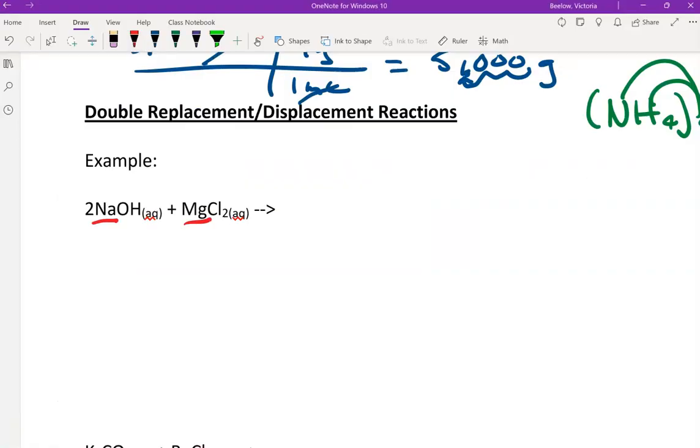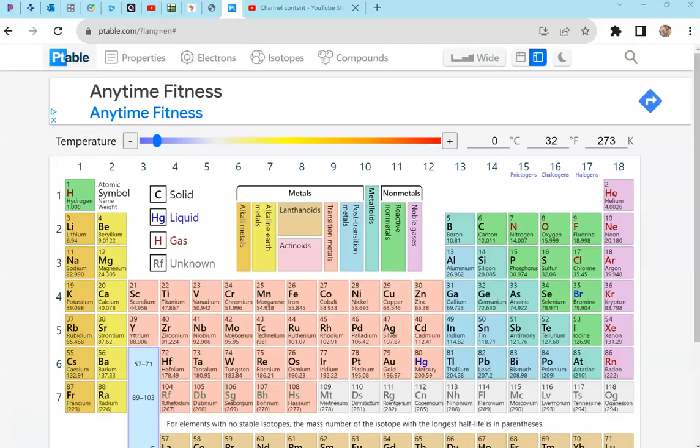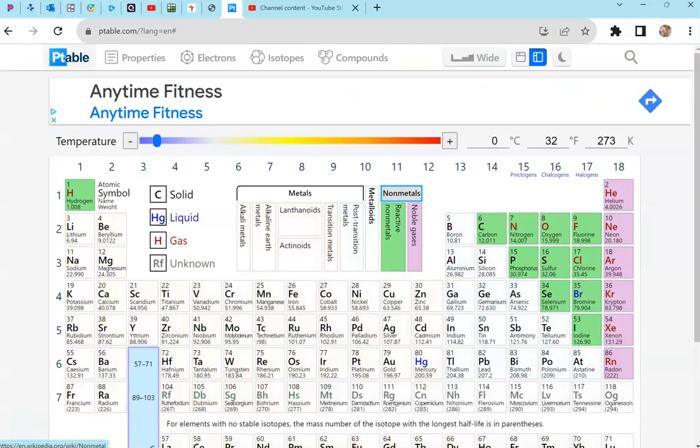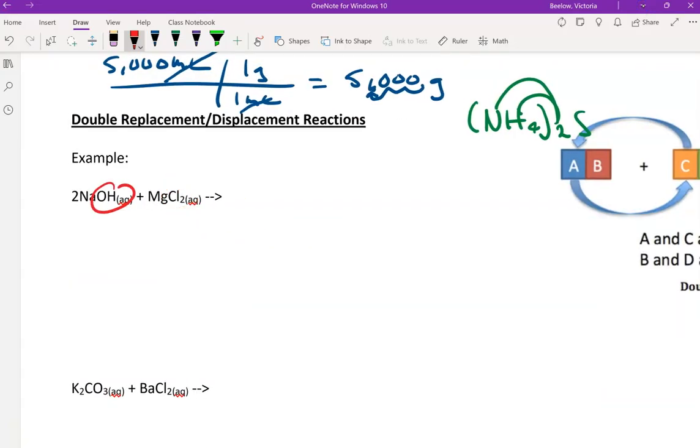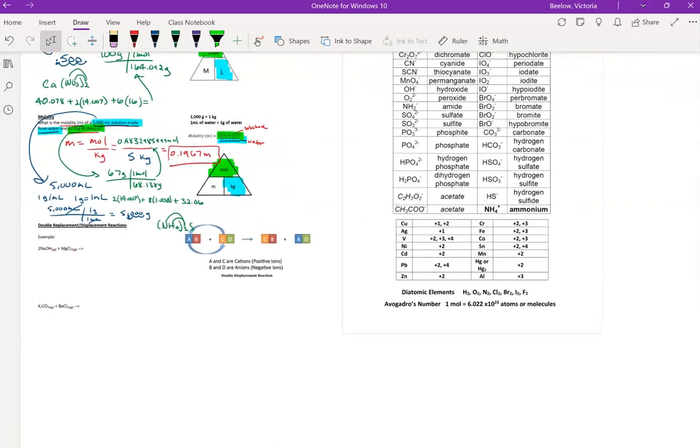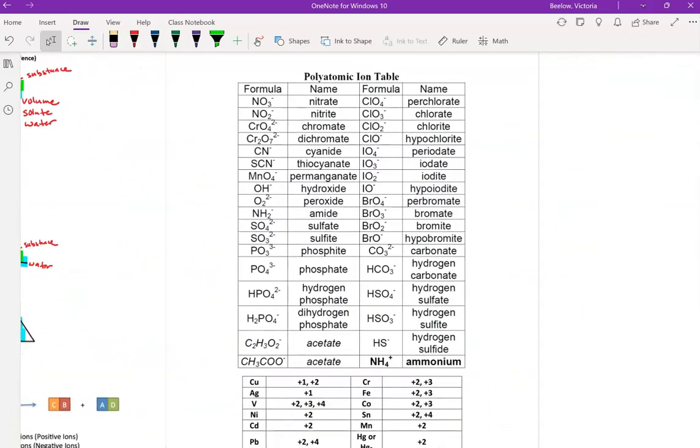The second element is going to be some type of a non-metal. So something on the right-hand side of the periodic table, or it could be a non-metal that is found on the back of your periodic table, which is one of your polyatomic ions.